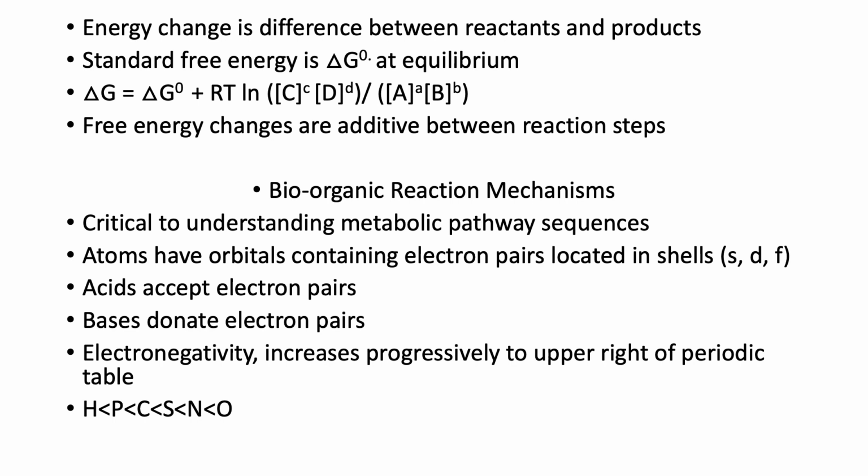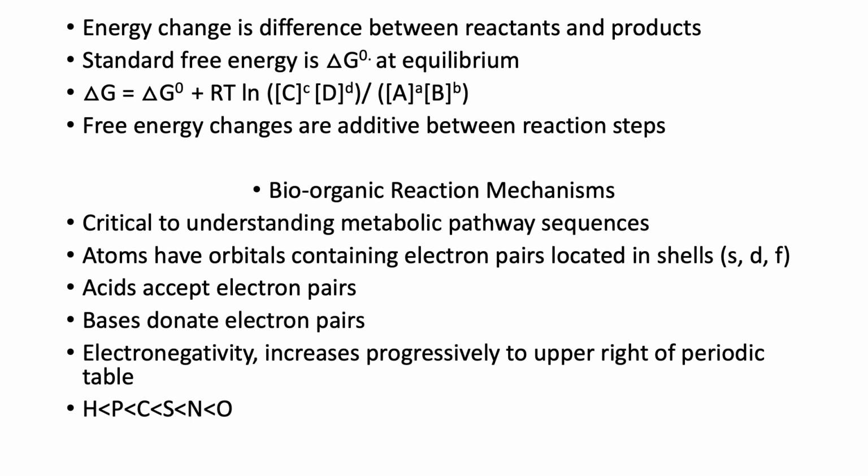So for the bioorganic reaction mechanisms, it's critical to understand the sequences of the metabolic pathway. Again, you've got atoms and orbitals located in shells S, P, D, and F. And the acids, by definition, accept electron pairs. Bases donate electron pairs. This is the basis of Lewis acid-base theory and is fundamental to understanding the various pathways that occur in biochemistry.